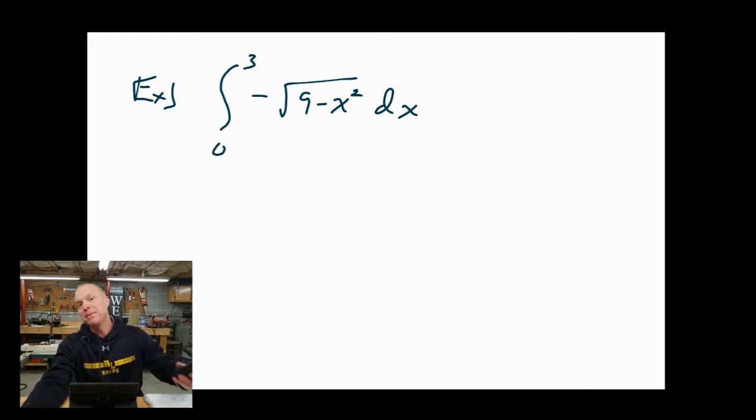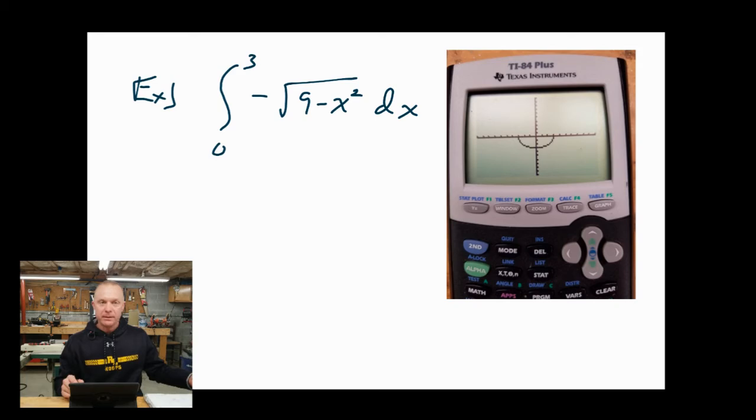Okay, now when you type this in your calculator and you graph it, you end up getting this little guy. Sort of looks like a smiley. Not really a smiley face, but it definitely looks like somebody that's smiling. It's a semicircle. We want to recognize that shape that came from that formula is 1/2 of a circle.